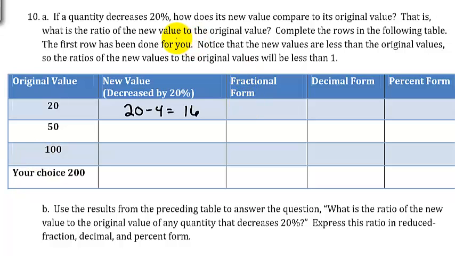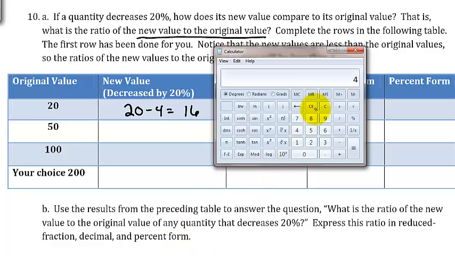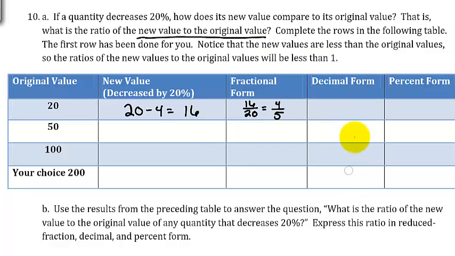We want the ratio of new to original, so that would be the new on top and the original on the bottom, so 16/20. 4 divides both of those. 4 goes into 16 4 times and into 20 5 times, and so that fraction reduced is 4/5. In decimal form, 4 divided by 5 gives us 0.8.